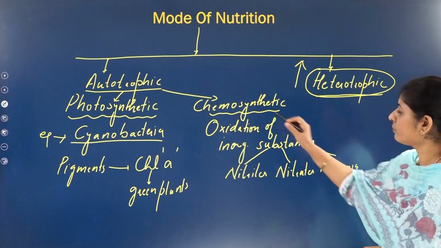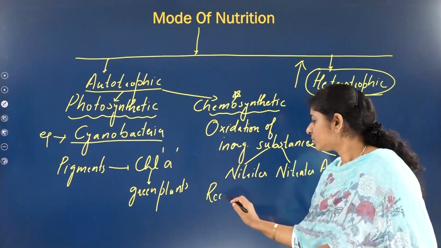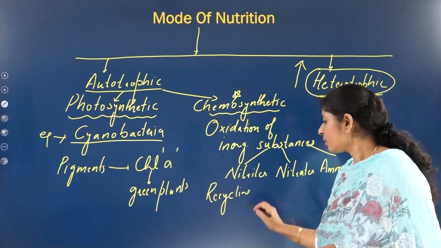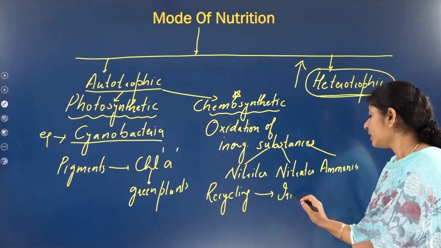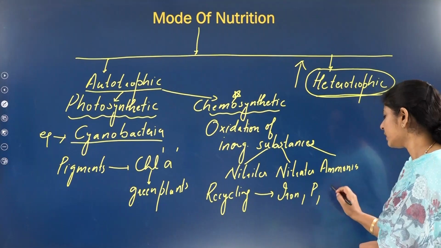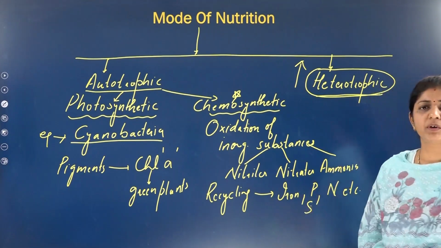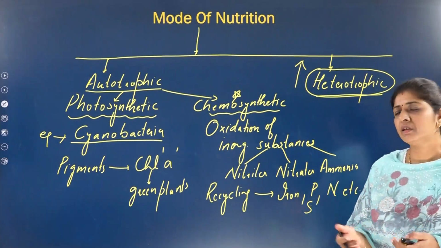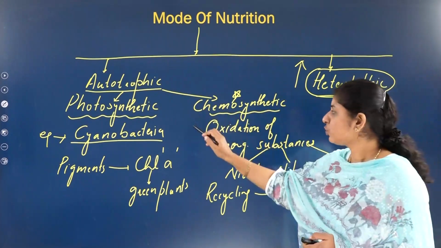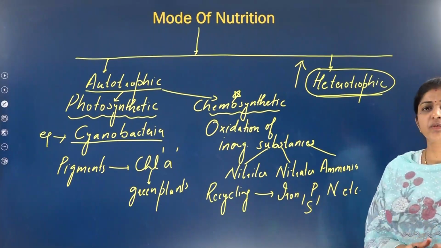Actually, this group of the eubacteria will help in the recycling process. Recycling of which elements? It can be iron, phosphorus, nitrogen, and even sulfur. Right? So many elements can be recycled by those showing this chemosynthetic, autotrophic mode of nutrition.